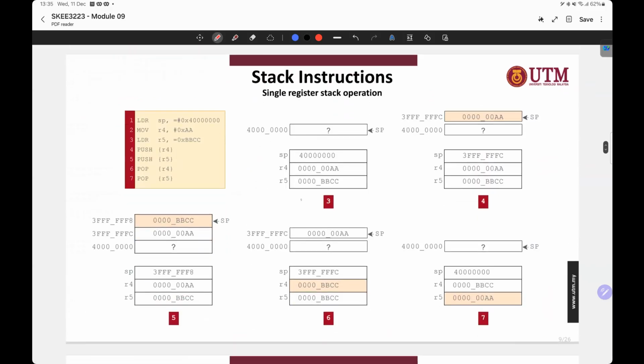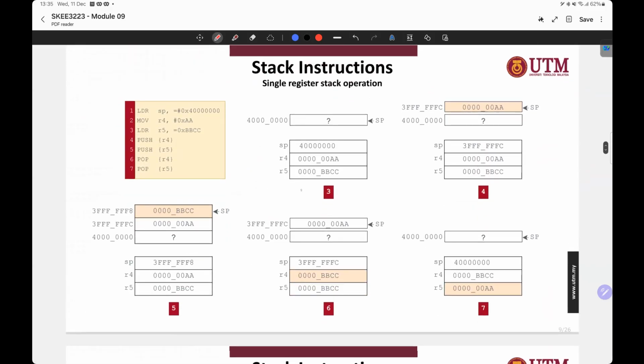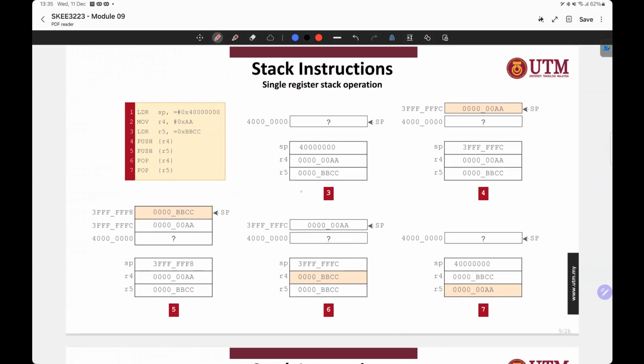So these examples are for single register stack operations. You can see here we have 7 instructions. The first instruction is LDR SP equals 0x400000, which means you're going to initialize your stack pointer so that it points to this address.